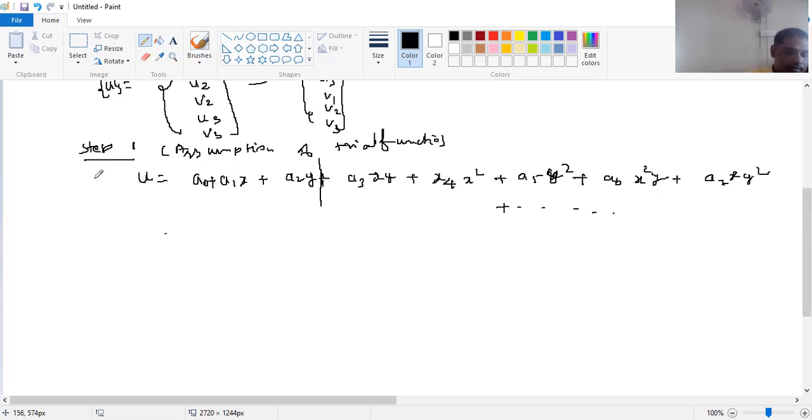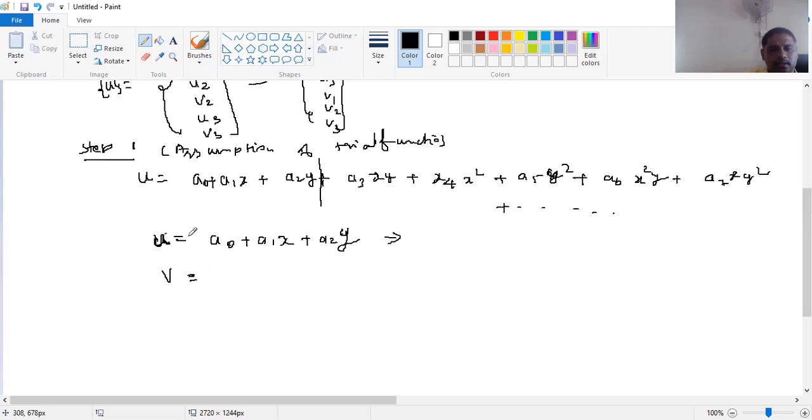So you will get u is equal to, let us assume, a naught plus a1x plus a2y. This is one such equation for deflection in x direction, that is u. Similarly, for the y direction, it is assumed as v, with the same three terms.